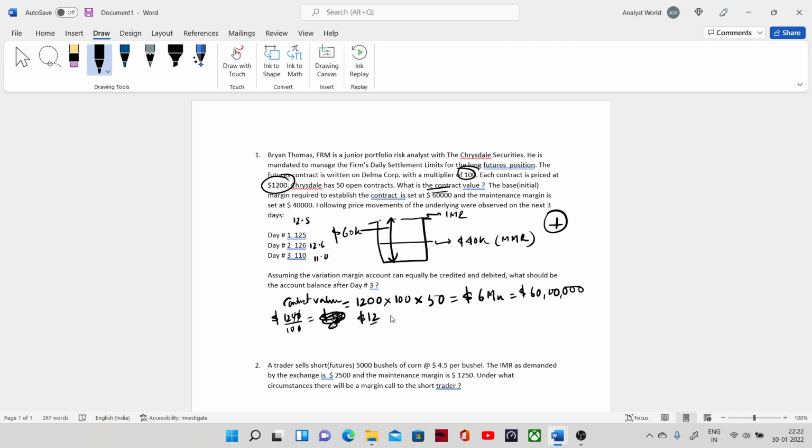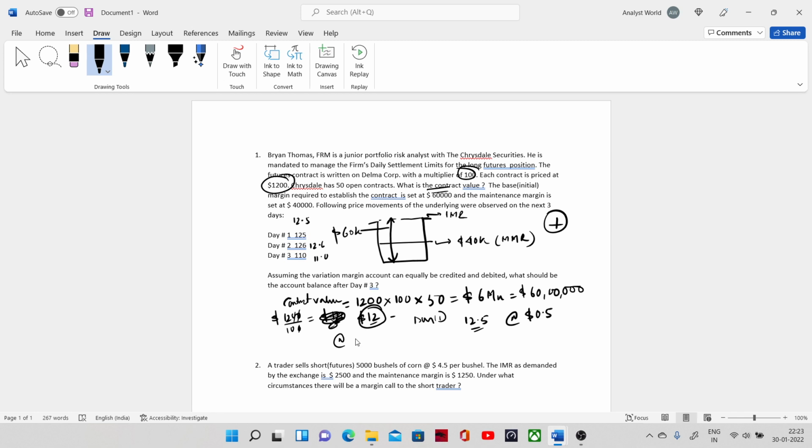So we understood that the price of the security at which the contract has been valued is 12. Now, if on day one the price becomes 12.5, that means there is a credit to the long's account at the rate of 50 cents, or half a dollar, per share.